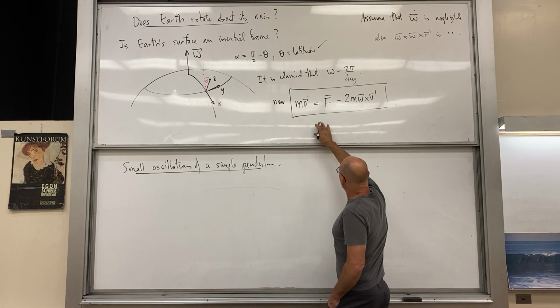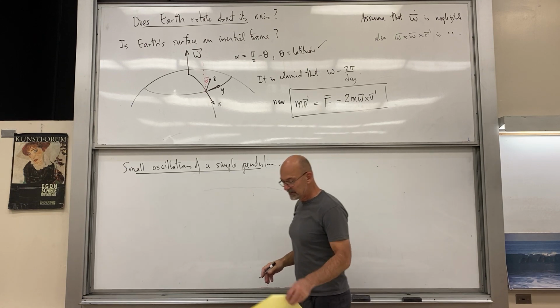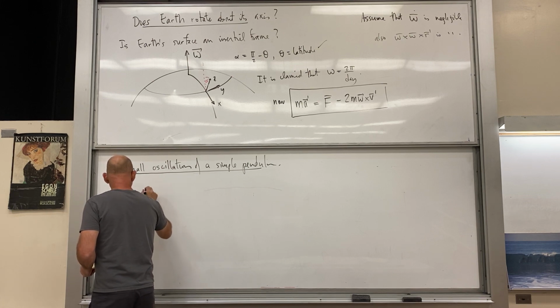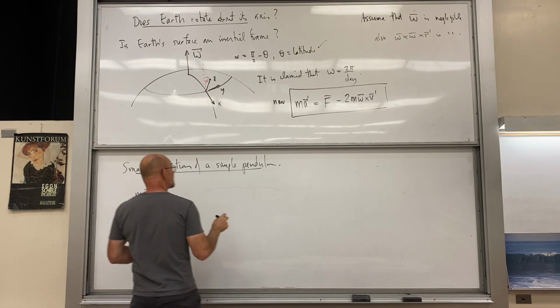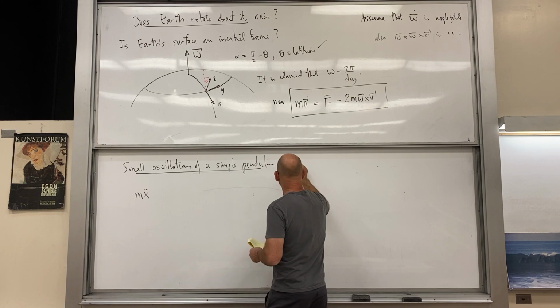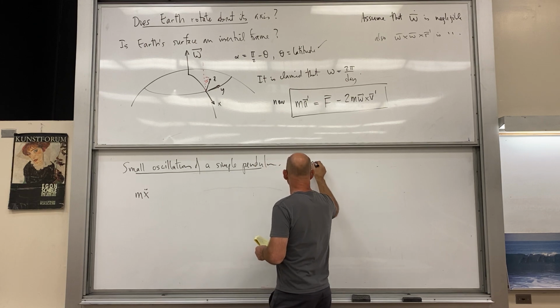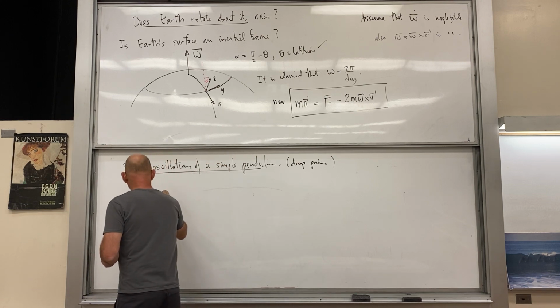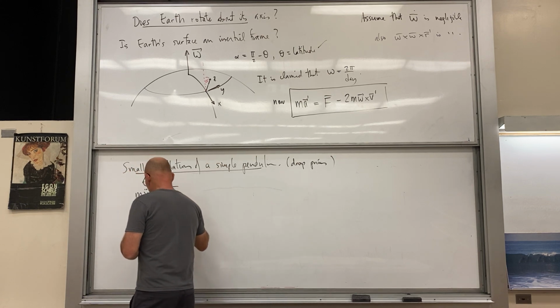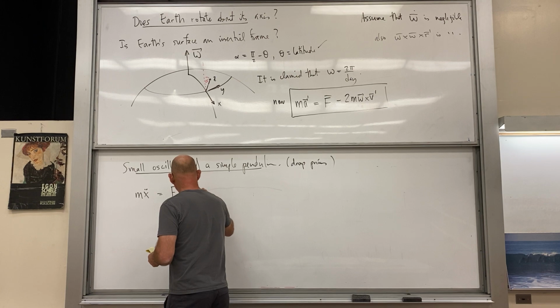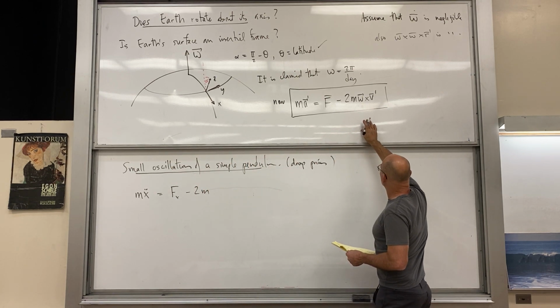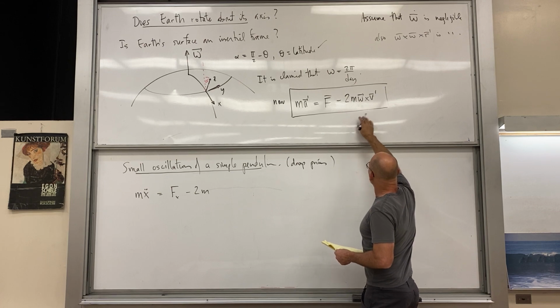So first of all, just x, y, and z components. So m times the x second derivative, and yeah, I'm dropping the primes now. Drop primes. F x minus 2m, and now we can get these cyclically. We have omega cross b.